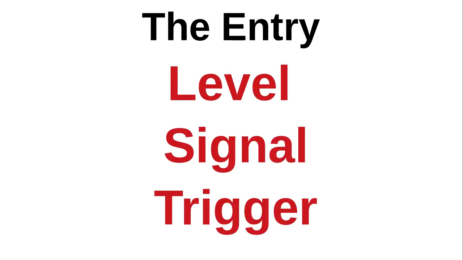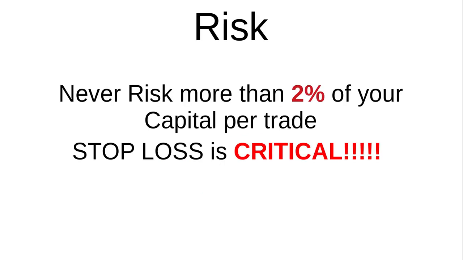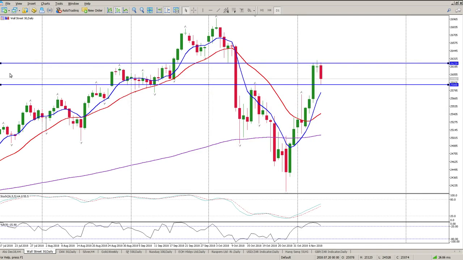The next thing we're going to talk about is time frames, and after time frames we are going to talk about the entry, which is level, signal, and trigger. The last part of this will be around risk. And risk is you never risk more than 2% of your capital per trade, and stop losses are always in place. So that's enough of the PowerPoint.